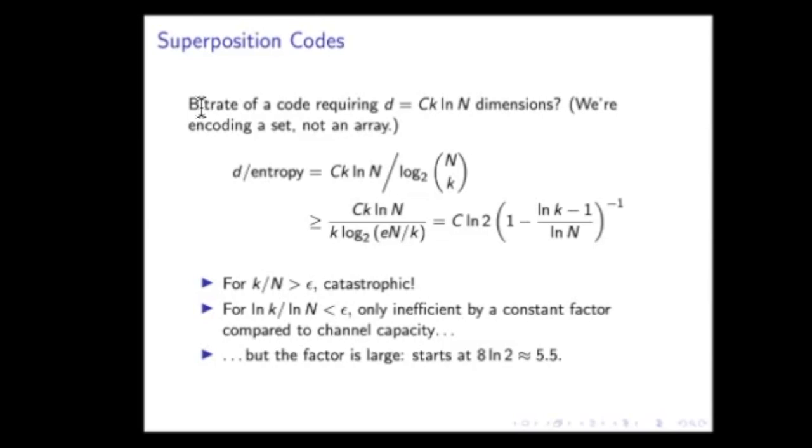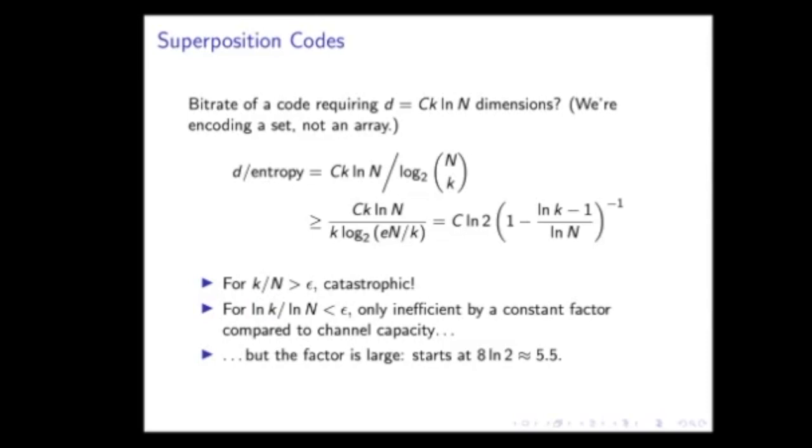So anyway, if I just go through this computation, I look at the bit rate that I would pay to store a set in ck log n dimensions. I find that if the ratio of k over n is greater than some epsilon, as n goes to infinity, this is a catastrophically bad strategy.